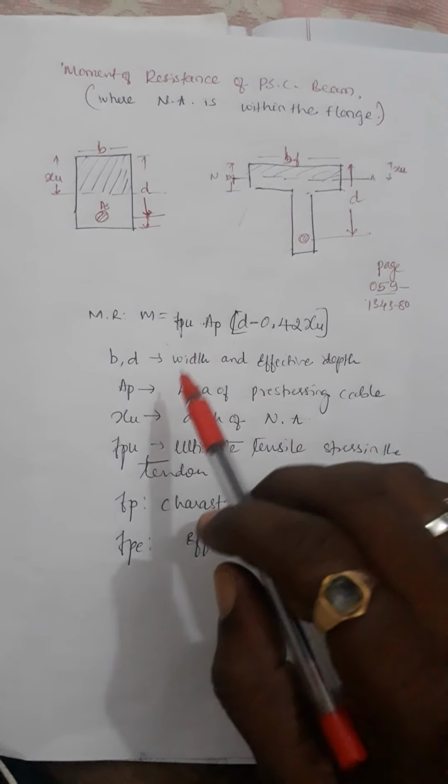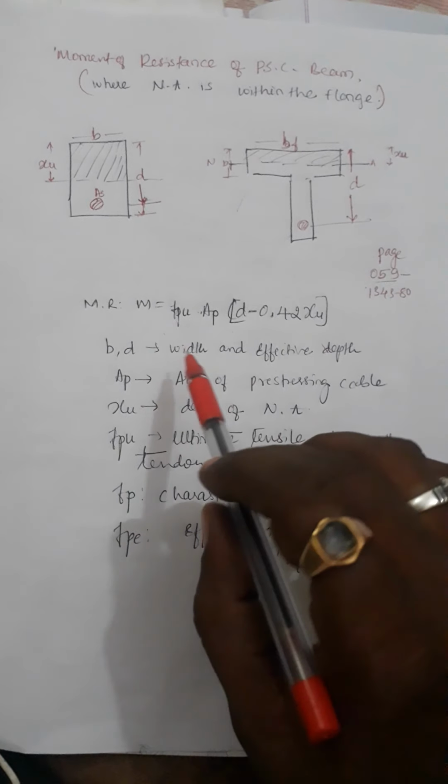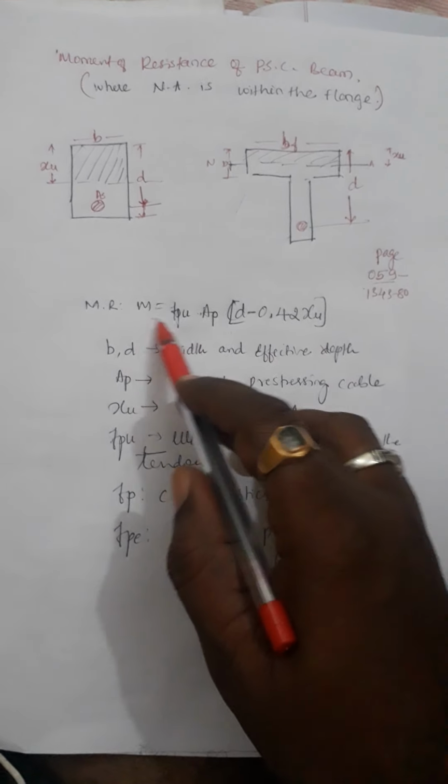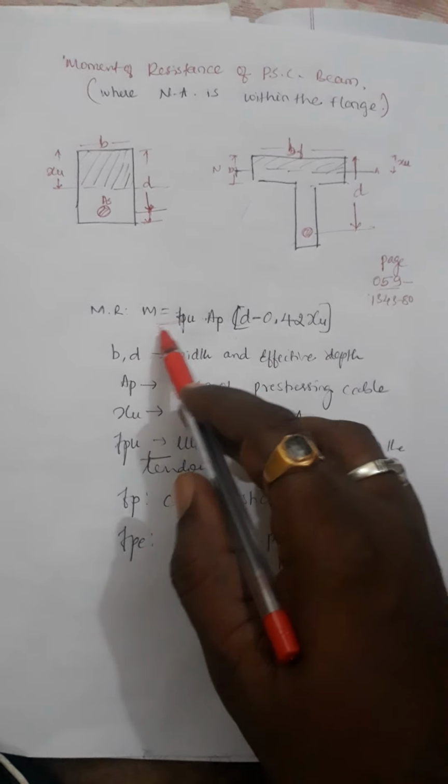This is the formula used for finding the moment of resistance when the neutral axis falls within the flange.